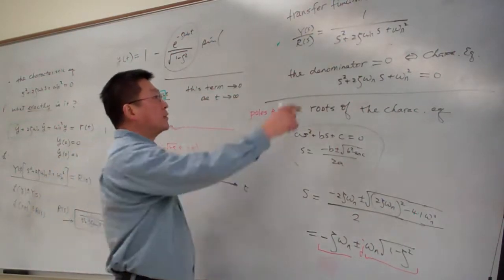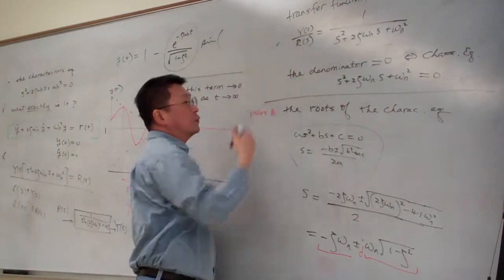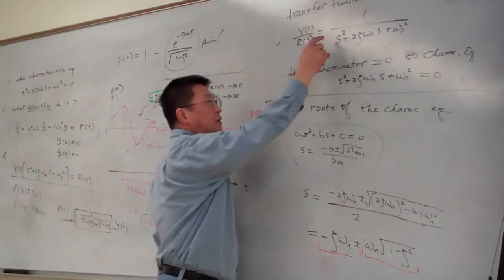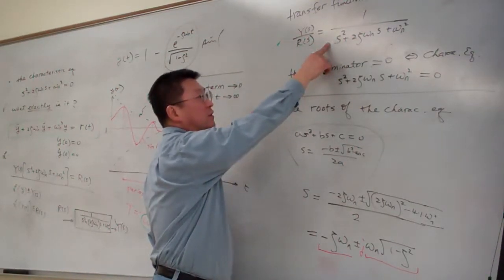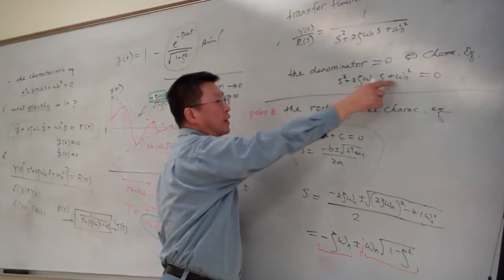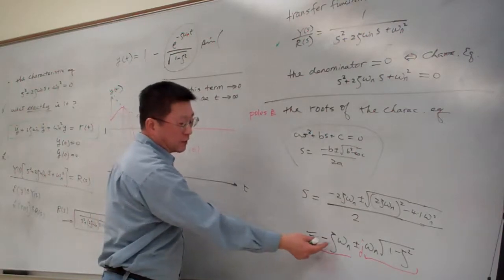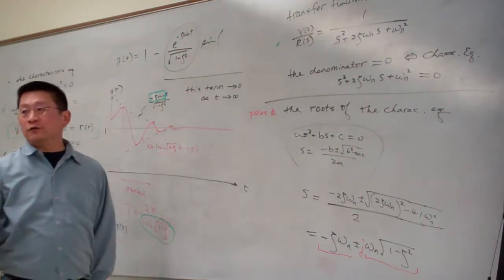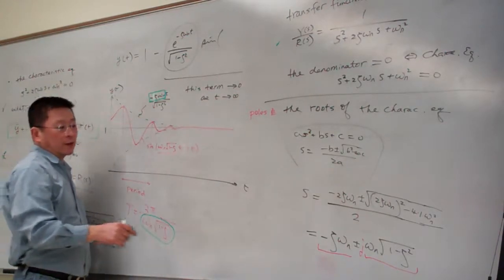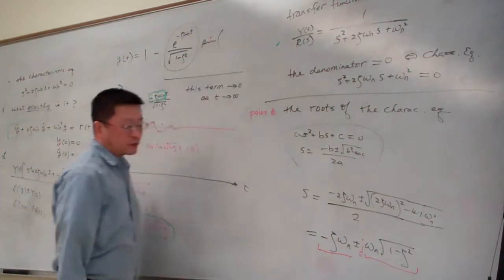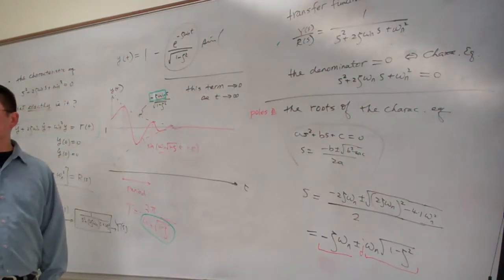Once you have this, the transfer function, that is the ratio between output and input, then you simply go into the denominator. You set the denominator equal to 0 and find the roots, and from there you can see the real part of the roots will govern how fast the decay will be. The second portion, the imaginary part, will tell you how frequent the oscillation will be.